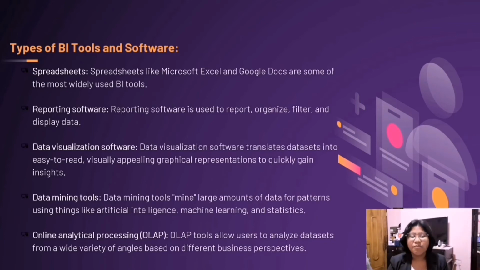They could show you the data in spreadsheets, reporting software, data visualization software, data mining tools, and so on. So they can show you data in whichever way you want it to look.